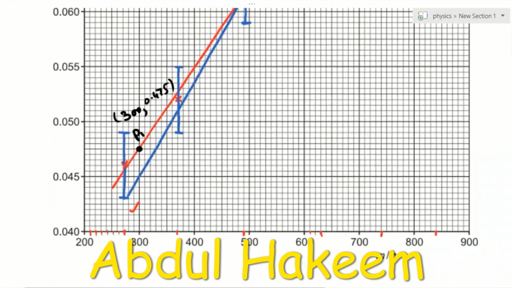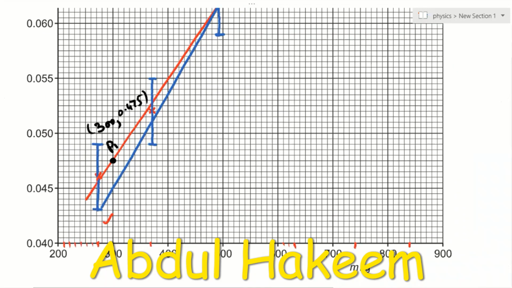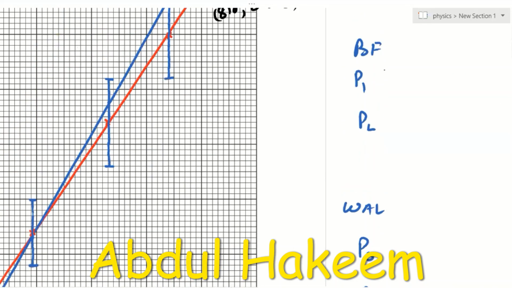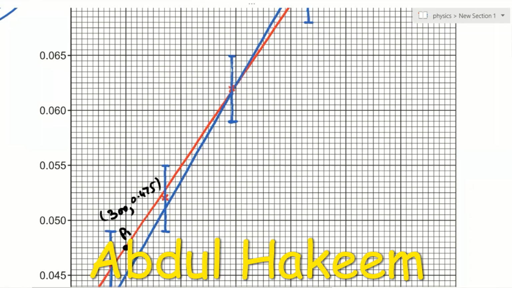First point is this P1 and its coordinate. X coordinate is 300 and the Y is 0.0475. So we will write here 300 and 0.0475. Yes, not 0.0.